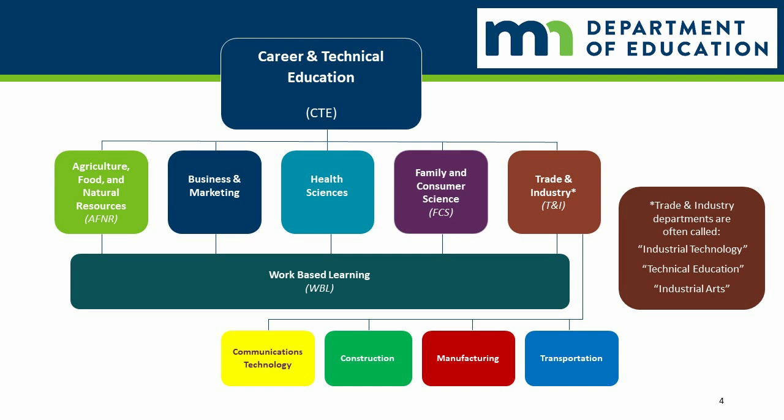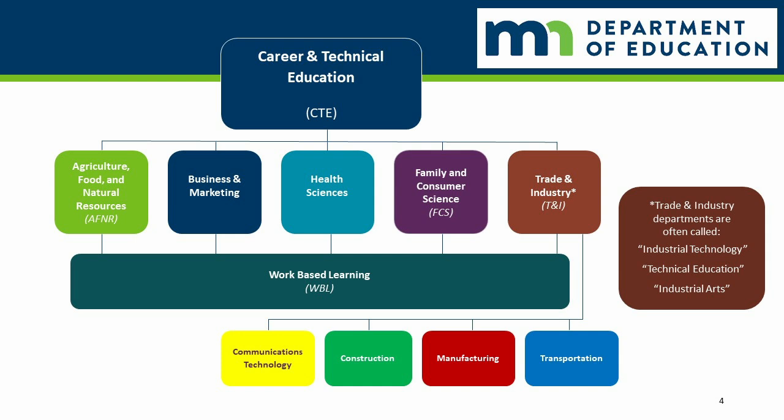You might refer to them as industrial tech, or technical education, or industrial arts even. But they are the program areas listed below that are tied to a specific license area. It's communications technology, which also includes computer science and informational technology, construction, manufacturing, transportation, which also includes aviation and aerospace.